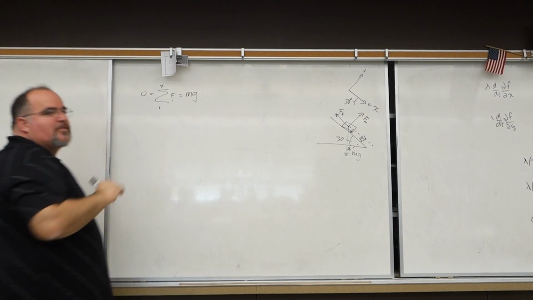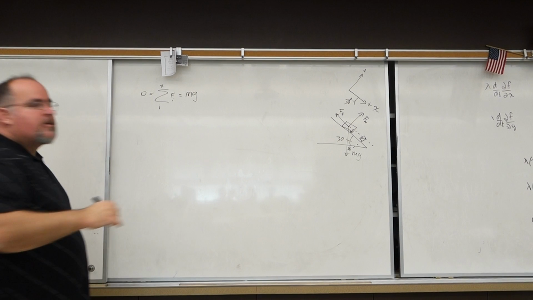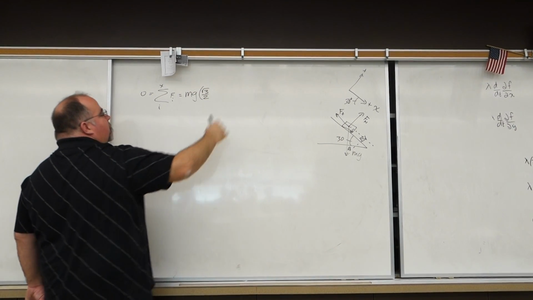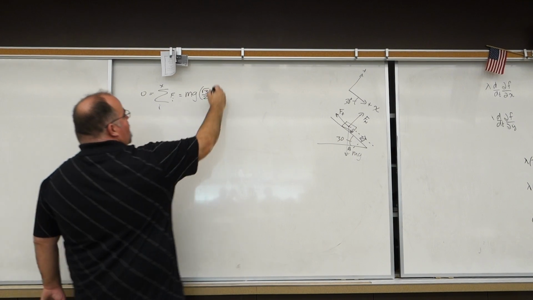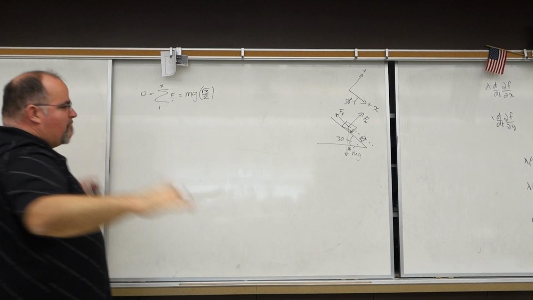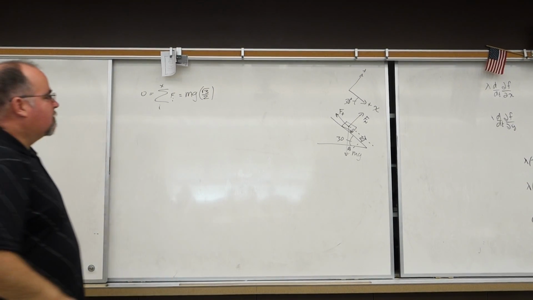And what's the cosine of 30 degrees? Square root of 3 over 2. Good job. All right. So that's that. I'm not going to worry about making this a vector because they're isolated in their own direction.